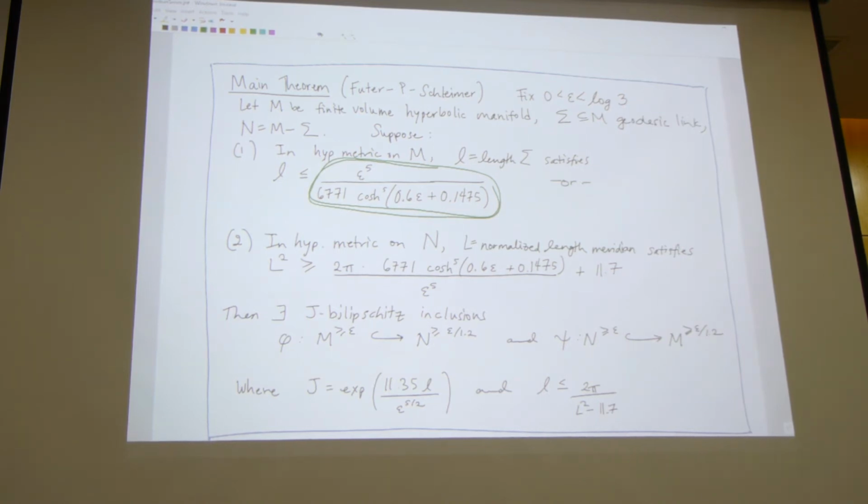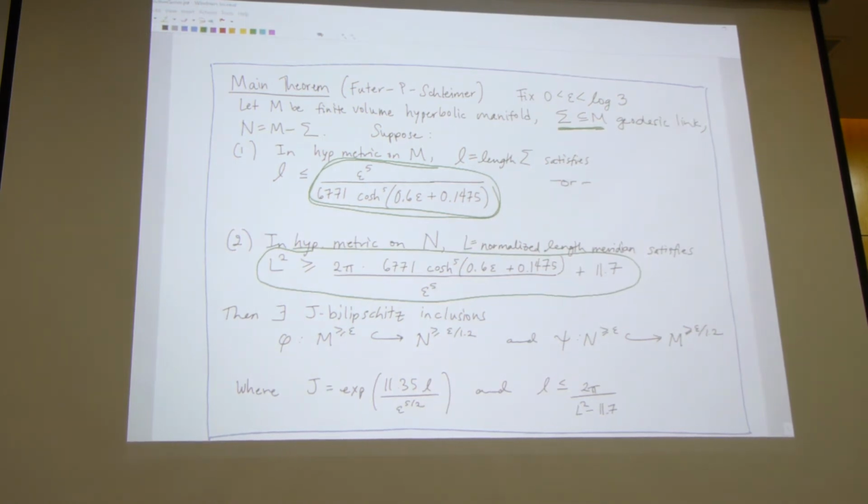Here we do allow links, but you can think simple closed curve or simple closed geodesic. And suppose that in the hyperbolic metric on the filled manifold, this closed curve has length bounded by some function, or alternately, in the hyperbolic metric on the drilled manifold, you could also take a normalized length of your slope to be big, where this is quantified.